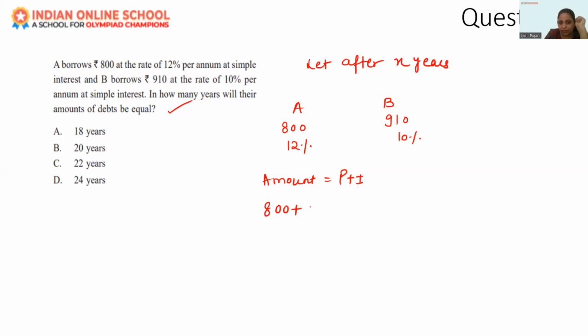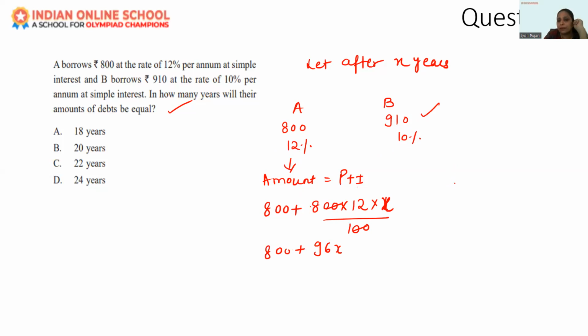Okay. So what is your principal? 800. Rate is your 12%. Time is X years, by 100. I will solve them. It is 800 plus 12 is 96x. Fine. This is the amount paid by A after X years. Now let's find the amount paid by B after X years.